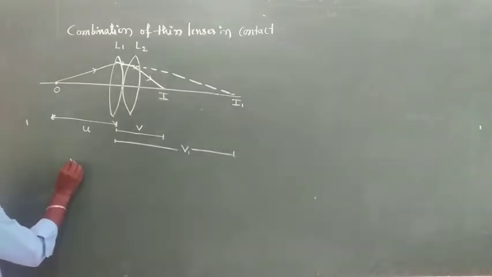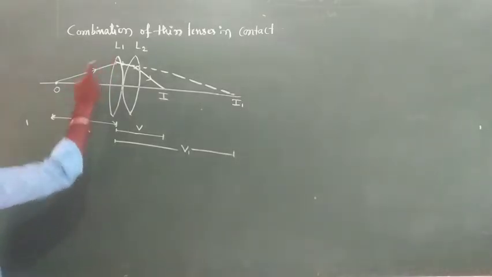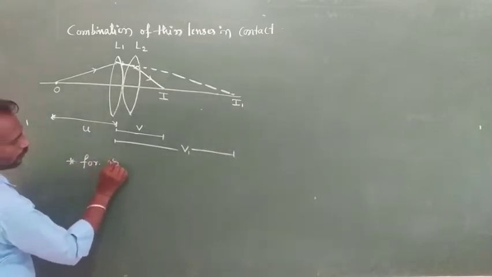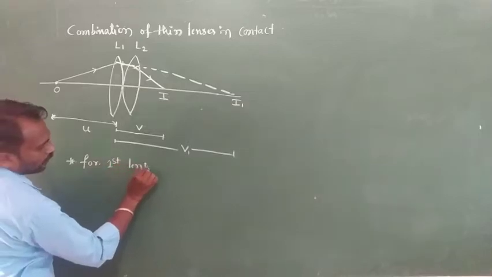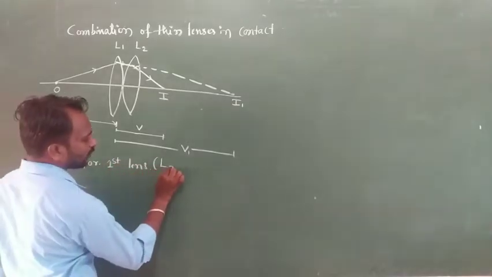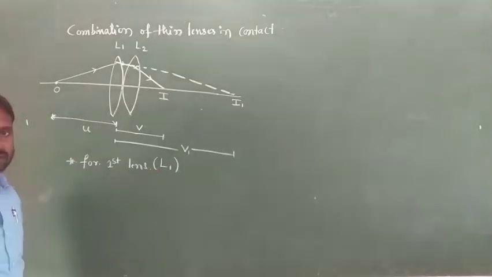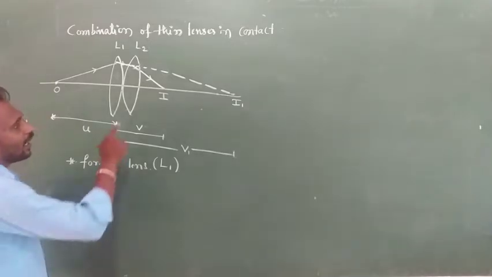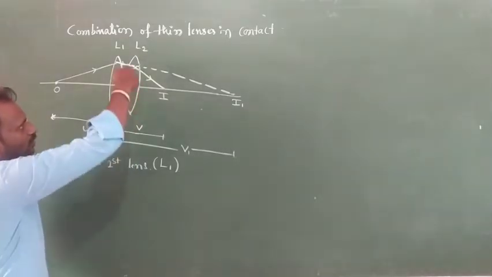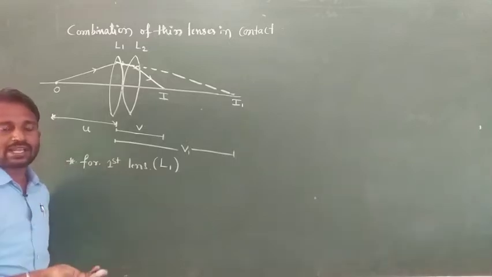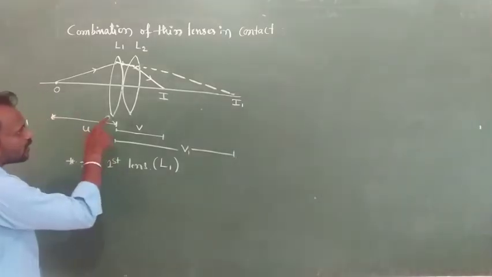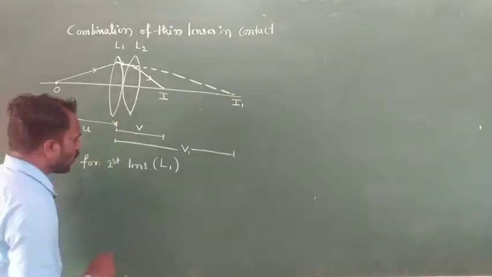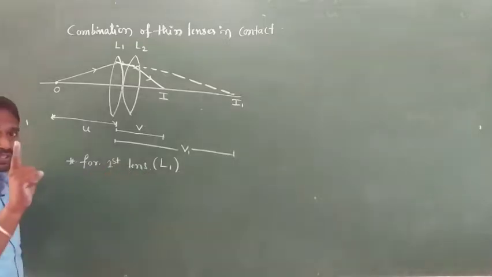For this reason we consider two conditions. First, we consider the first lens, L1, with focal length F1, and the second lens with focal length F2. Here we consider only the first lens.